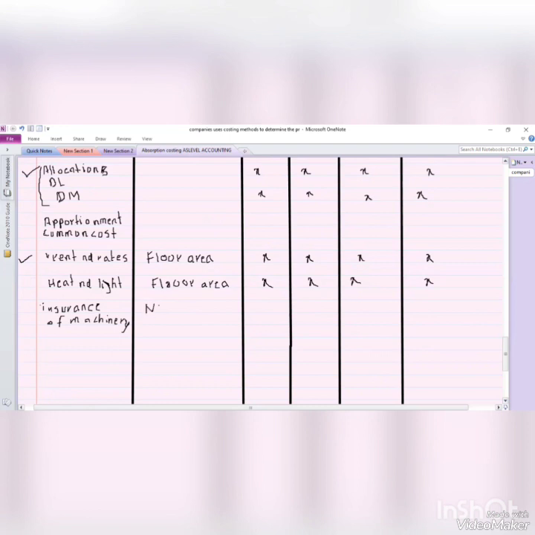The examiner would give you this net book value of machinery in your question. As I already said, all the fair bases of different fixed overhead costs would be given by your examiner in your exams.